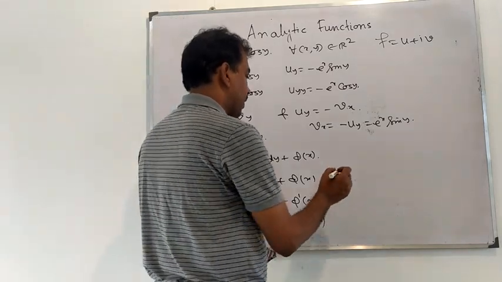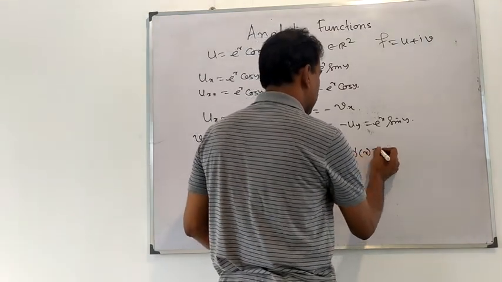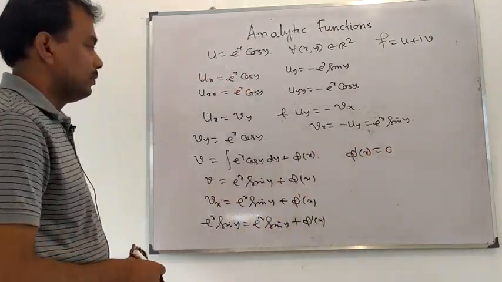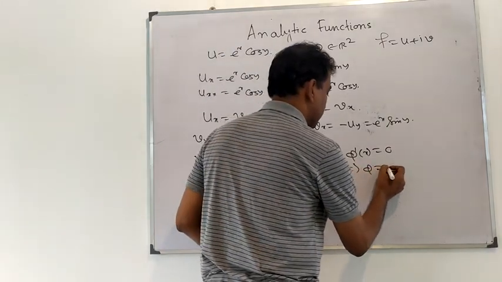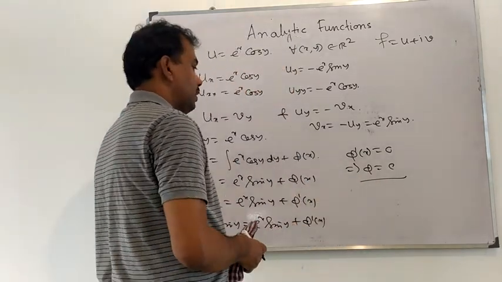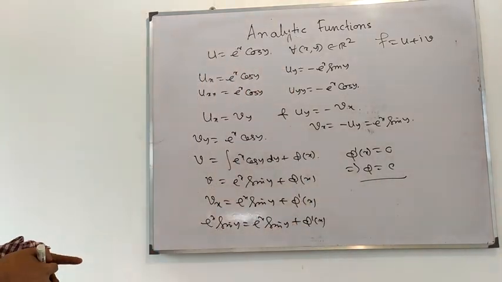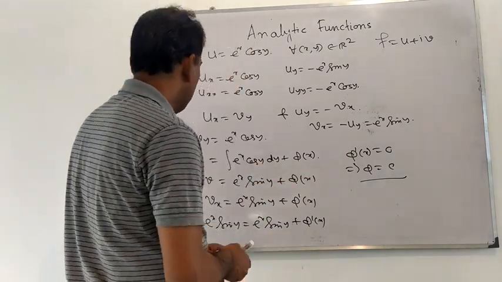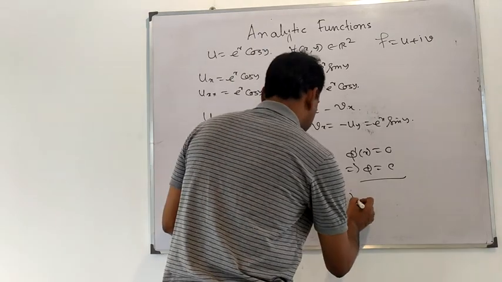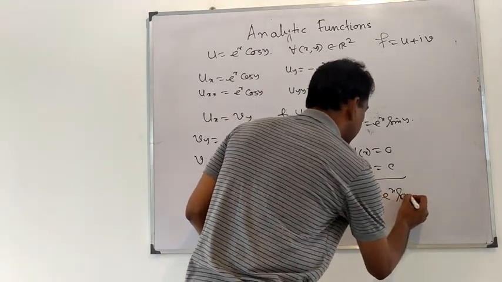So this implies phi dash x is equal to 0. This implies phi is a constant function, since it is a function of x only and phi dash x equal to 0. So v is equal to e to the power x sin y plus c.